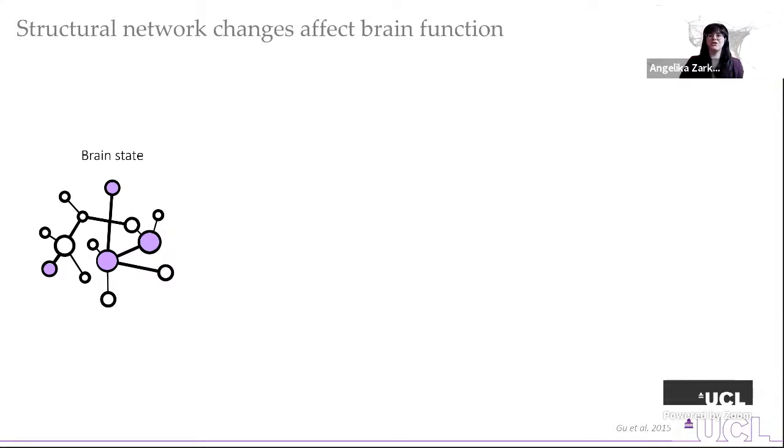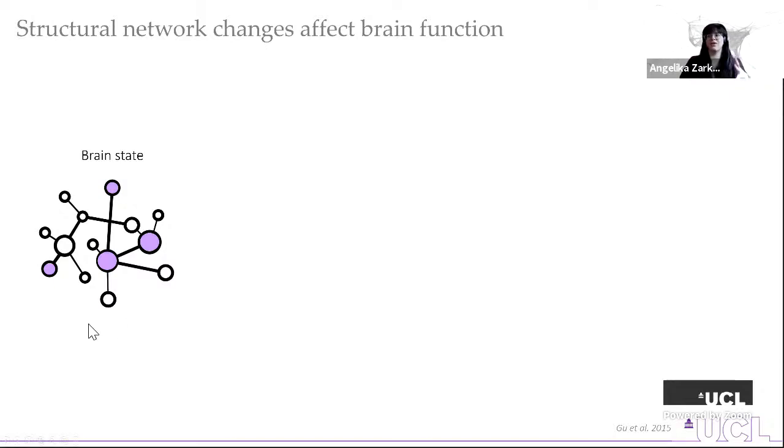So I already told you that the brain can be thought of as a graph. So if we have a brain graph here, where each of the circles is a brain region and the lines are the connections between them, this brain graph is not static, it's dynamic. So if the purple circles, the purple brain regions, are active and the white ones are inactive, then this can be thought of as a state that the network can take.